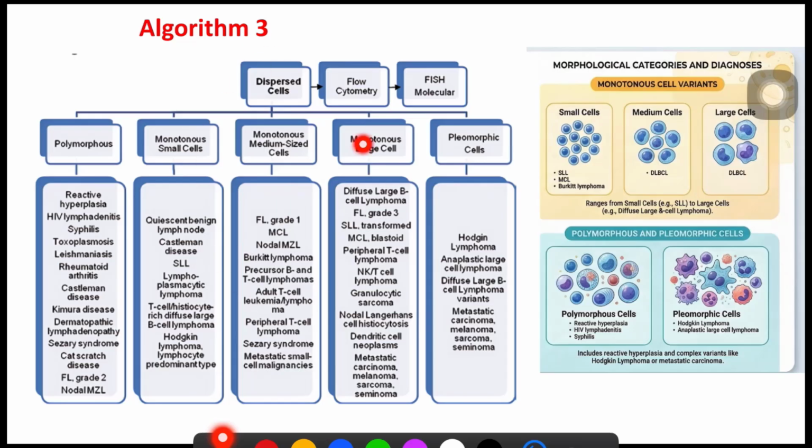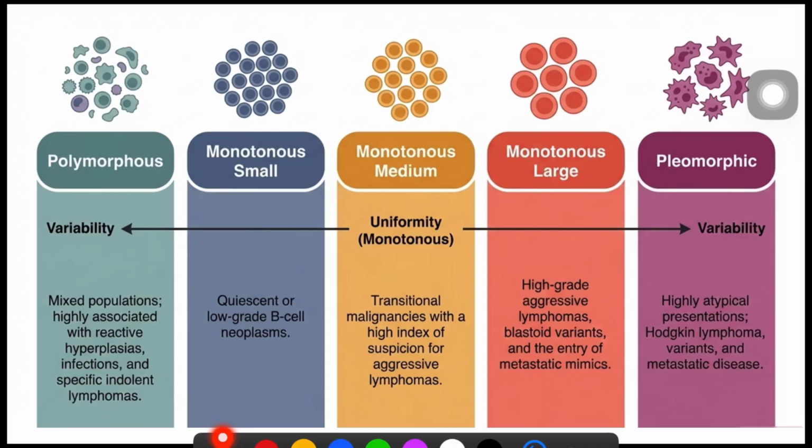And in this pattern, flow cytometry, FISH and molecular study is important to differentiate the diagnosis. So, here again polymorphous, monotonous pattern divided into small, medium and large, and this is pleomorphic pattern.